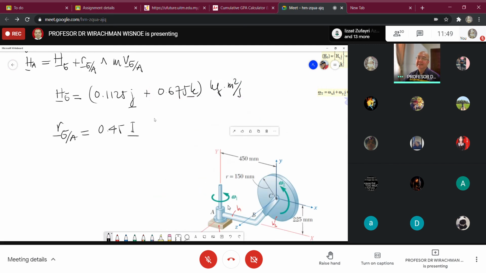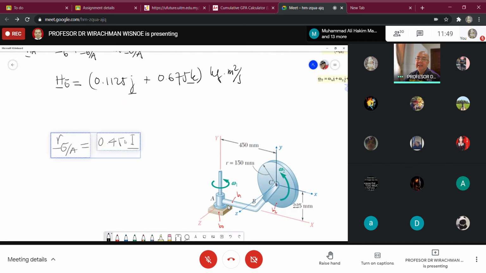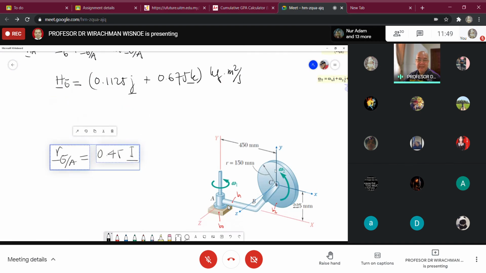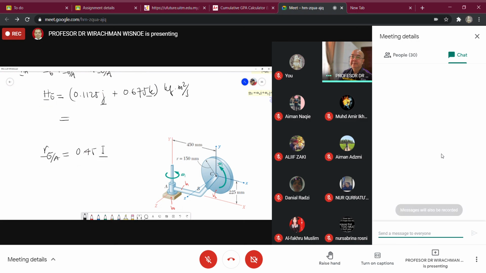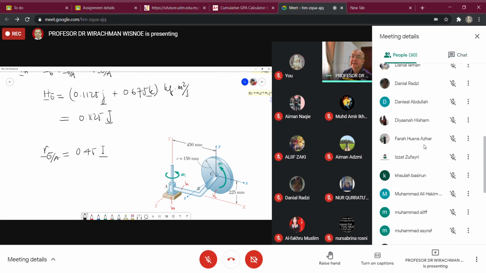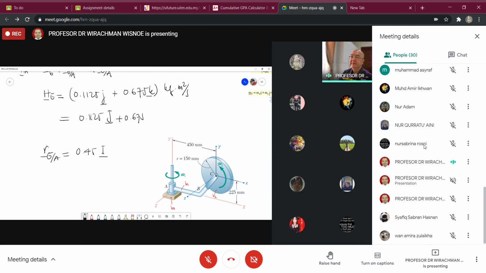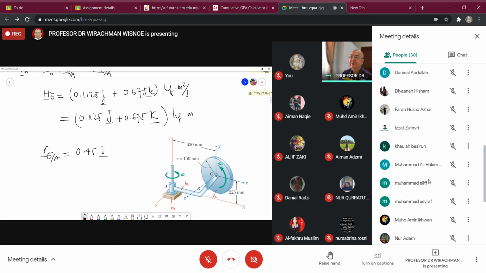So I write with respect to the moving axis, but since both axes coincide, small x and capital X, I can write this as 0.1125 capital J plus 0.675 capital K kilogram meter square per second. The same in our case, this one.